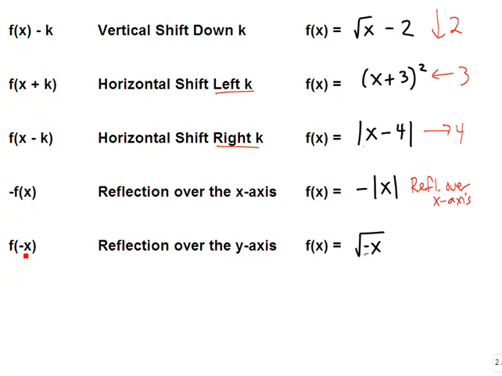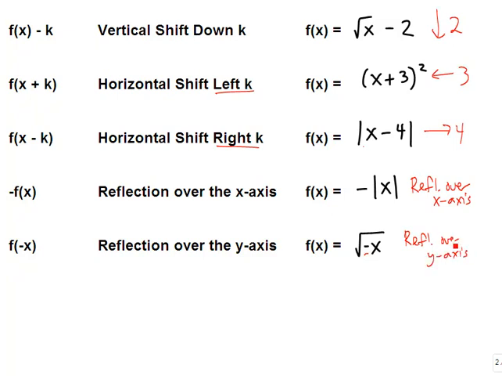Compare that to the next example where we have a minus inside of the parentheses inside of our function. So for example, square root of negative x, the negative is inside of the square root, then that's going to be a reflection over the y-axis, and that flips you over side to side instead of up and down. So this is going to be a reflection over the y-axis.